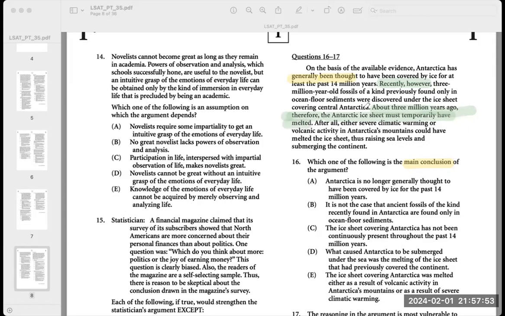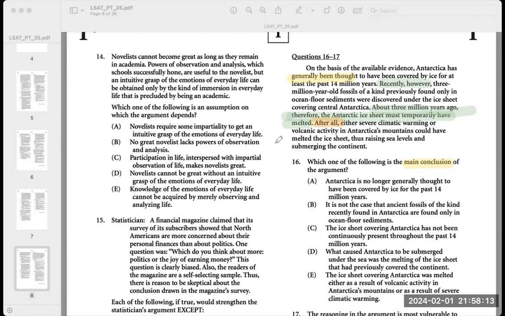Based on this new discovery, they're saying that the Antarctic ice sheet must temporarily have melted about 3 million years ago. After all, okay, that typically indicates support.